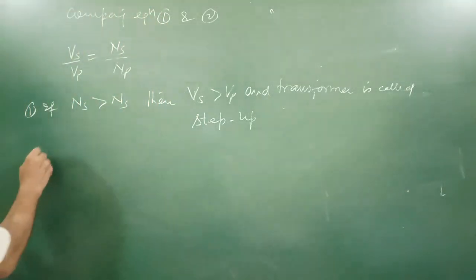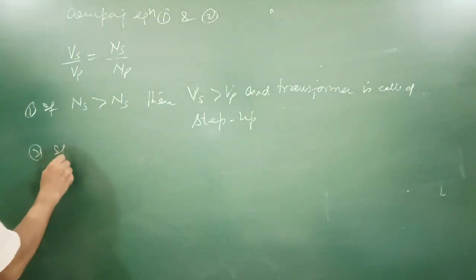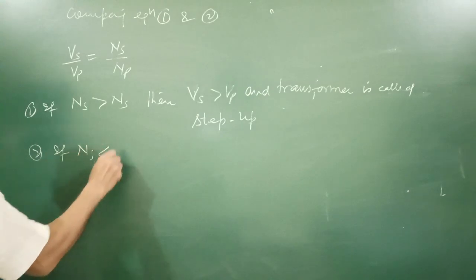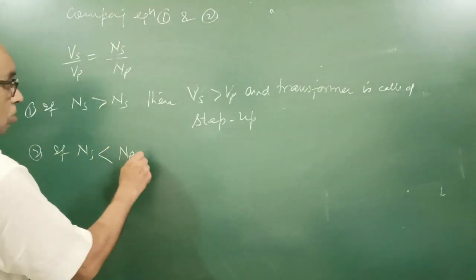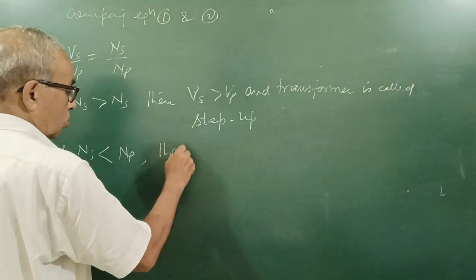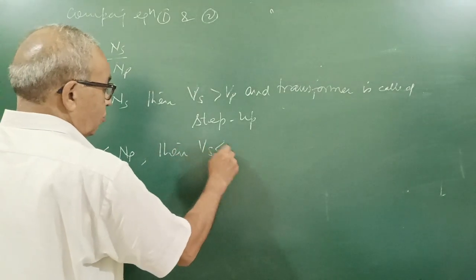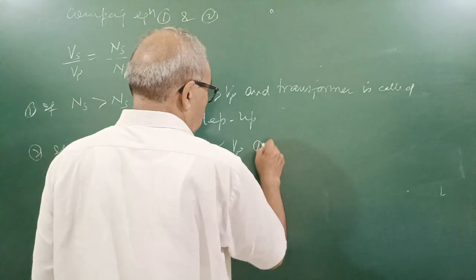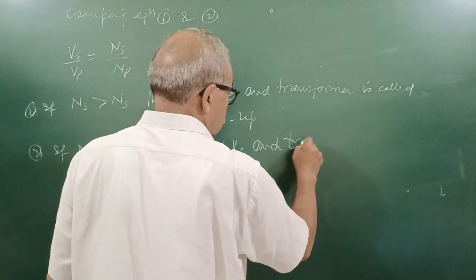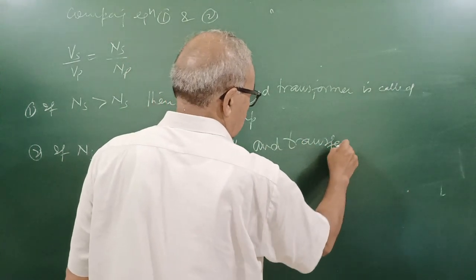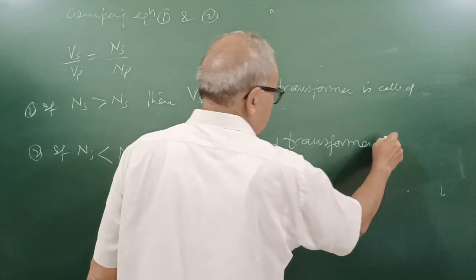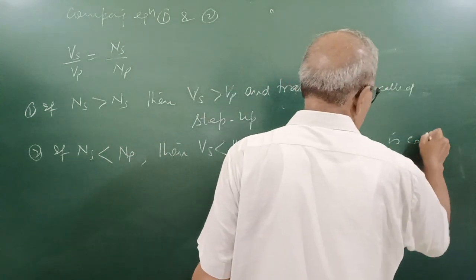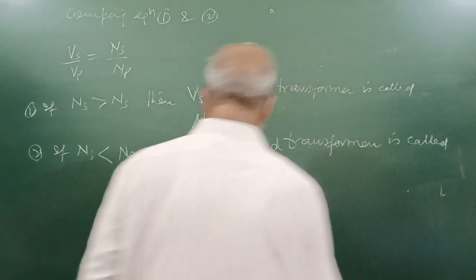And number 2, if NS less than NP, then VS less than VP, and the transformer is called step down.